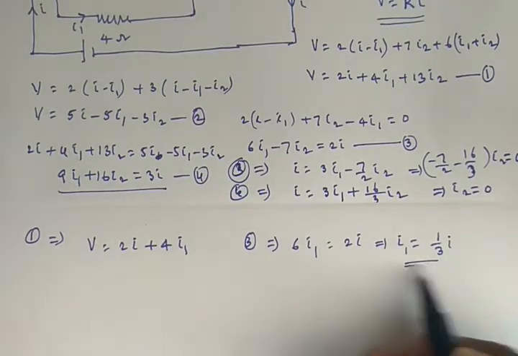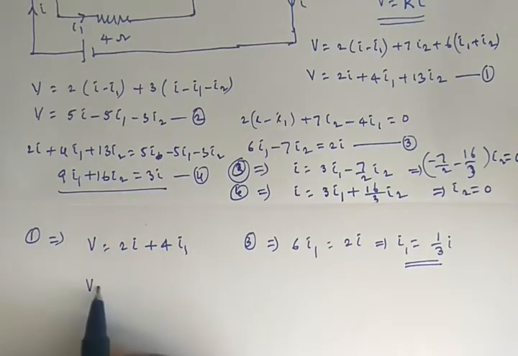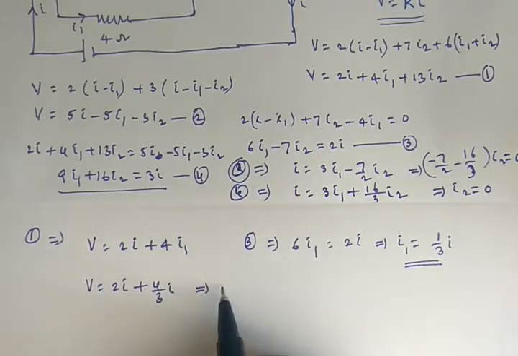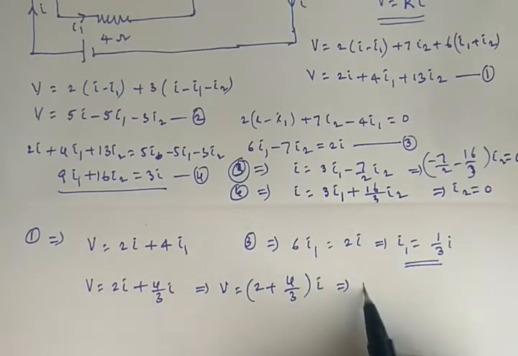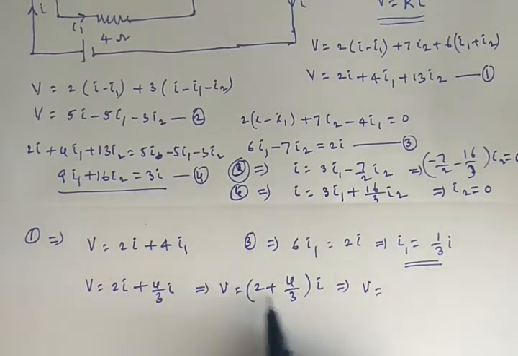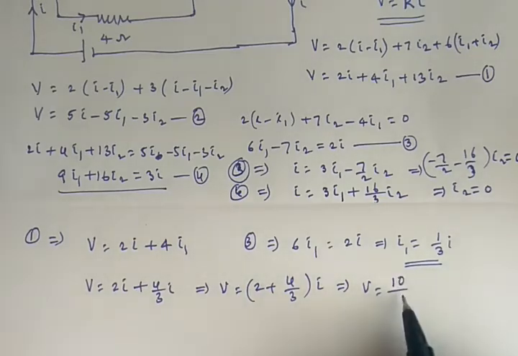So let us substitute this I1 in this equation. Now v equals 2i plus 4 by 3i. So that implies v equals 2 plus 4 by 3i. That implies v equals 3 into 2 is 6, then 6 plus 4 is 10, 10 by 3i.